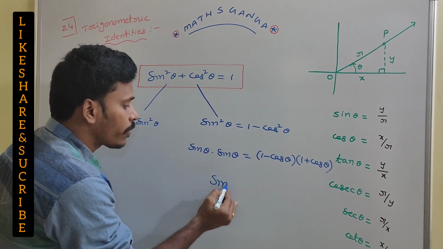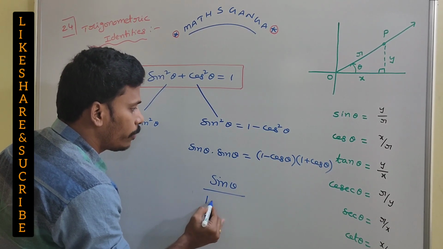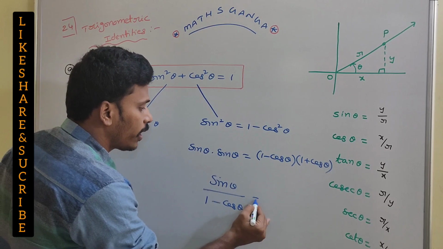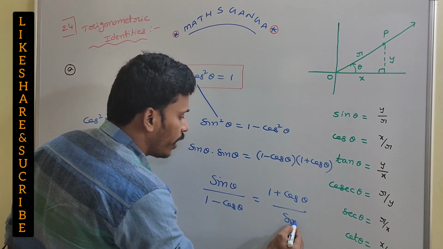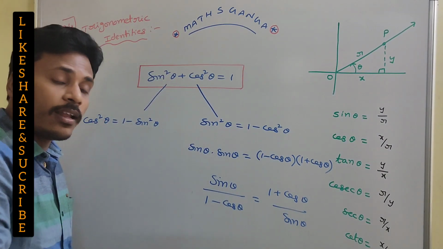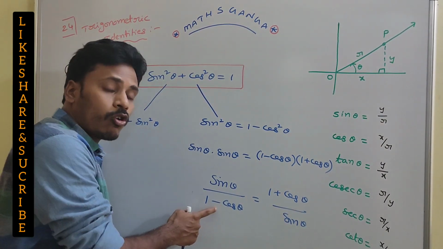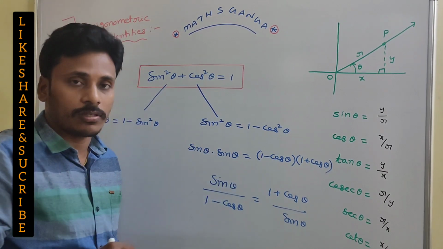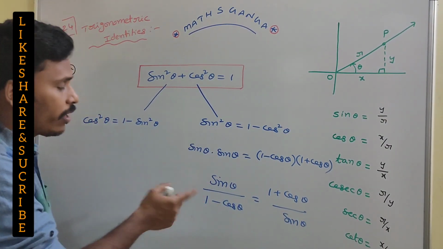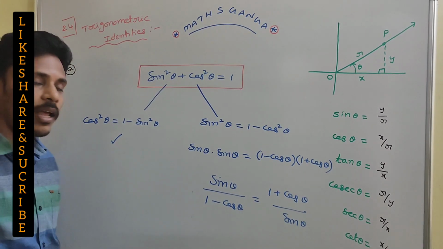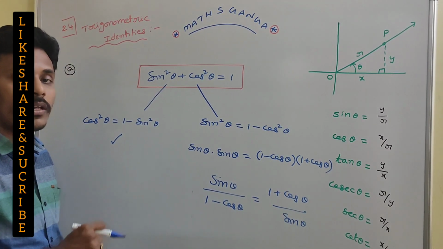It becomes sin theta divided by 1 minus cos theta is equal to 1 plus cos theta divided by sin theta. Or in other way, if you write 1 plus cos theta here, you will get 1 minus cos theta there. This type of rewriting is possible for cos square theta is equal to 1 minus sin square theta also.